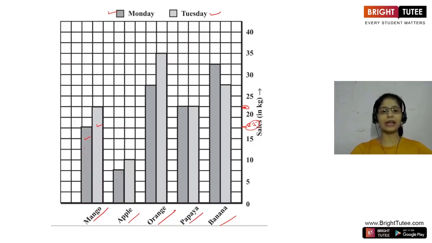We can compare on which day the sales was maximum, or of which fruit the sale is maximum. We see of orange it is maximum and it is 35 kilogram, and it is on Tuesday, not on Monday. So like this we can compare and get different information from the graph. Graph makes it easy for us to read the data and interpret the result. So these are double bar graphs.